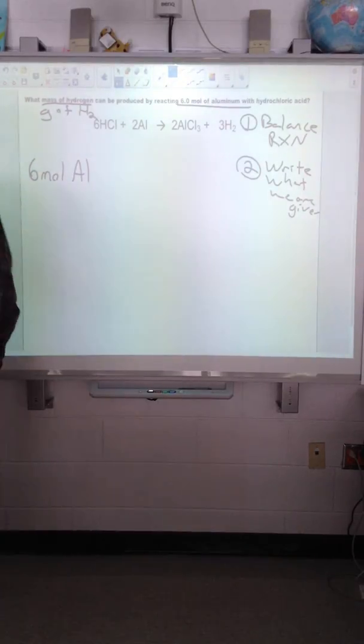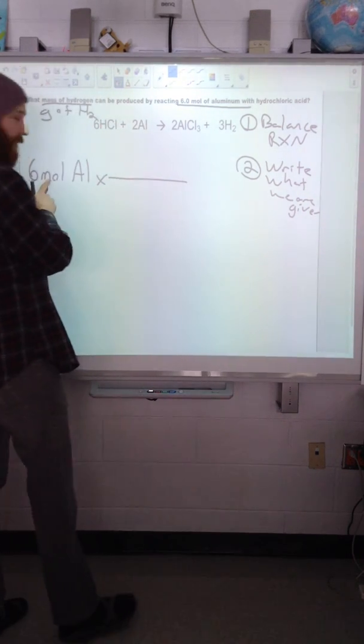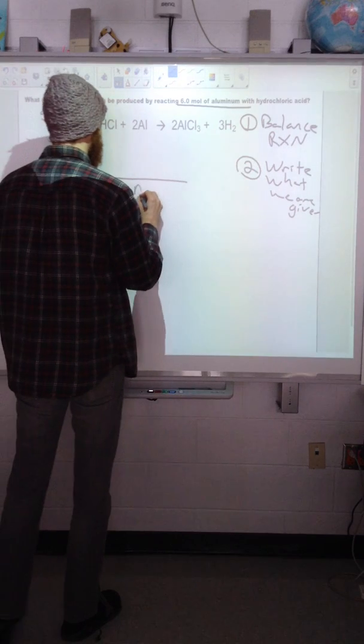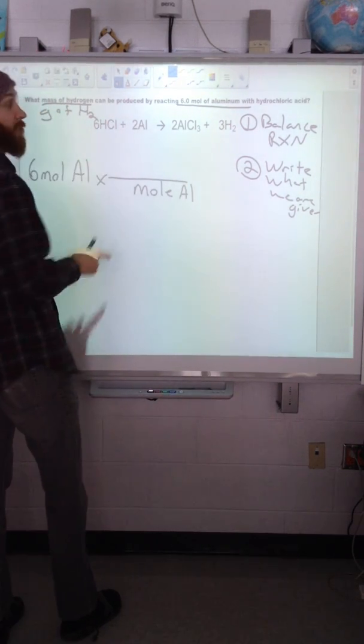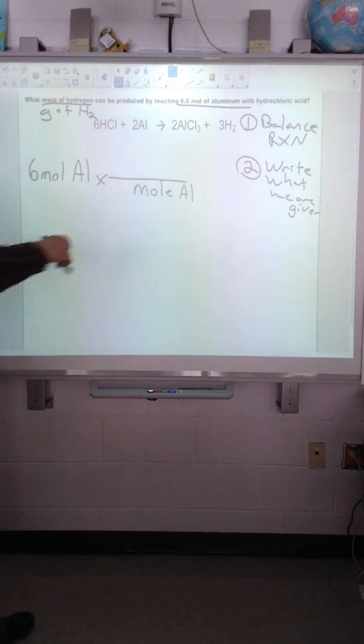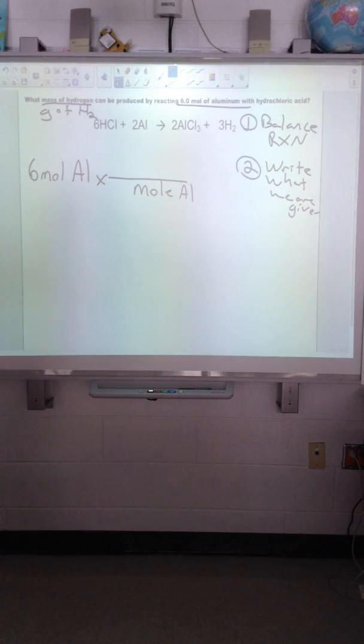So for the mole ratio, we look at the coefficients. We're going to have times in a line. I got to get rid of moles of aluminum, so that's going to go on the bottom. Going to hydrogen, with the coefficients of this balanced reaction, those are the mole ratios.